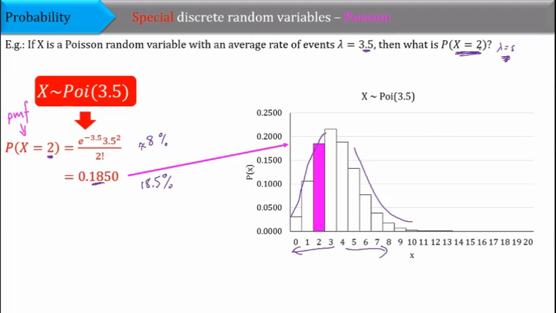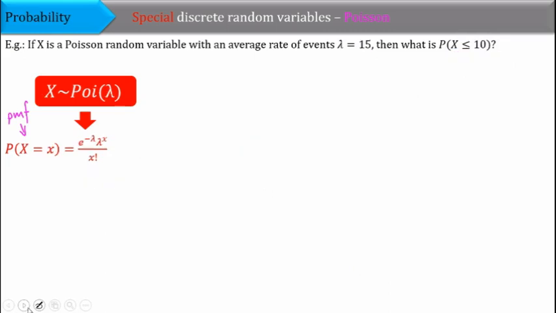So if lambda is 5 and we want x equal to 2, then we should expect a fairly low probability. But when lambda is 3.5 and we want x equal to 2, then we can expect a higher probability because x is very close to the average, which means we should have a really high bar for our PMF, which means a higher probability. Right, let's have a look at another example.